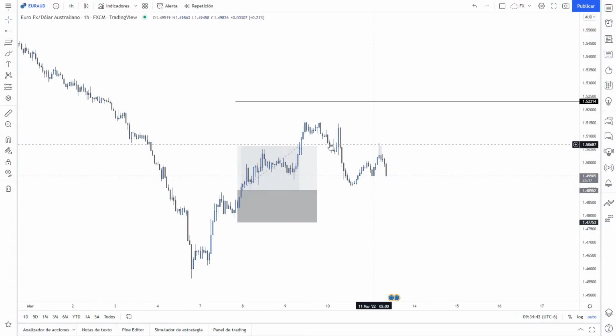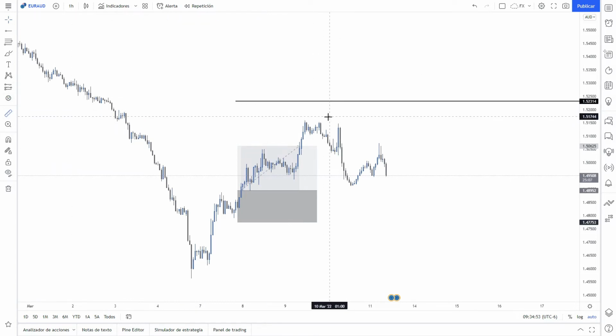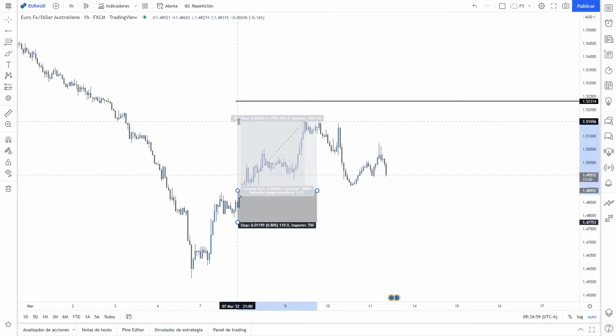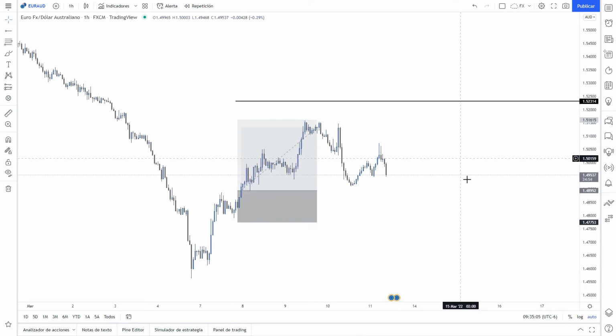It actually, as I said, went straight to our TP1, and we missed our TP2 by, let's see how many pips, it was 71 pips. But the trade ended up paying a little bit more than the 1-2 risk reward ratio, and then it reversed to our entry point.